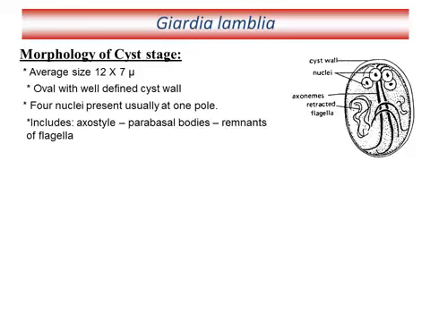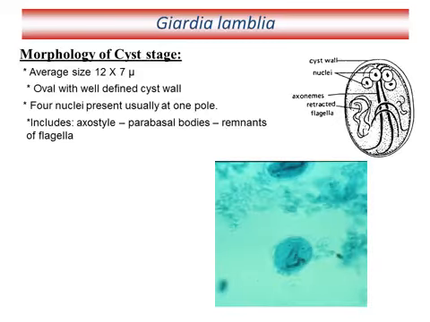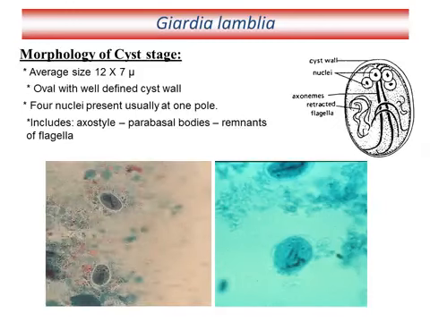As Giardia lamblia transfers to the cyst, it loses the flagella, but remains of the flagella are still seen. This is the cyst of Giardia in a stained smear, and another one.